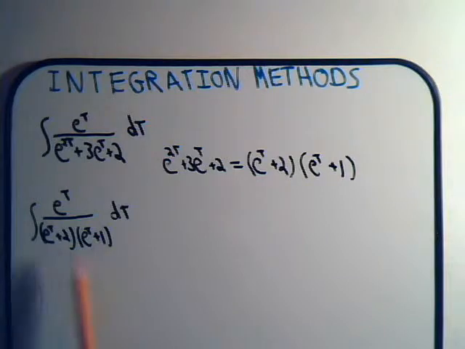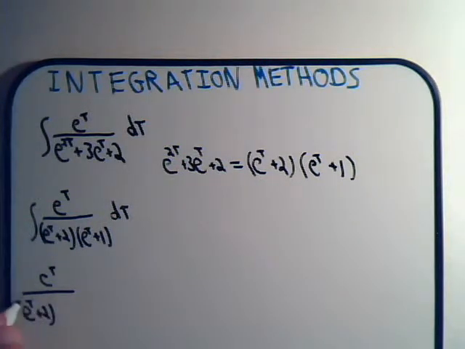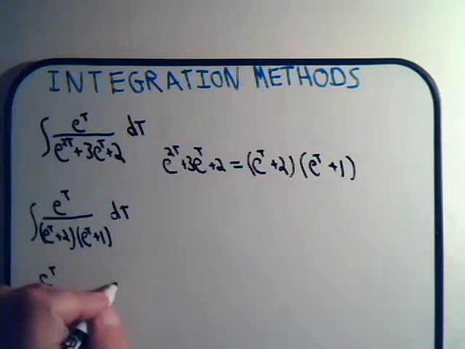And here we have the denominator expressed in terms of its prime factors, so this should be all set for a partial fractions technique. So let's see, we have e to the t divided by e to the t plus 2 times e to the t plus 1.